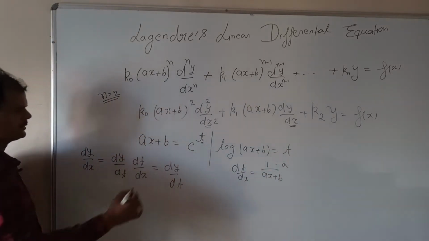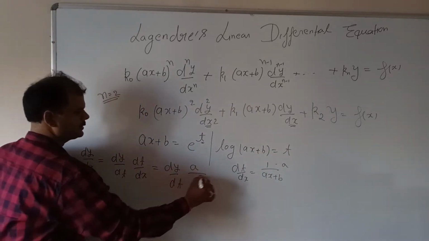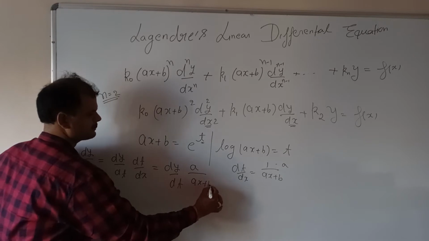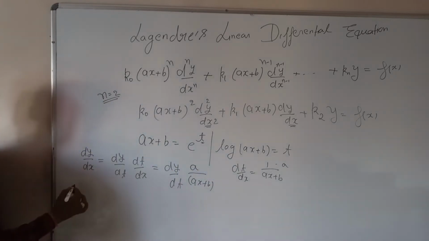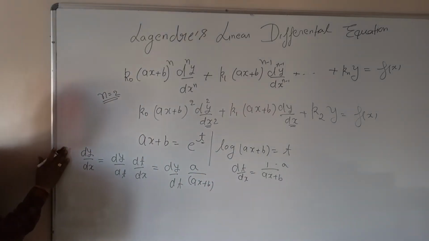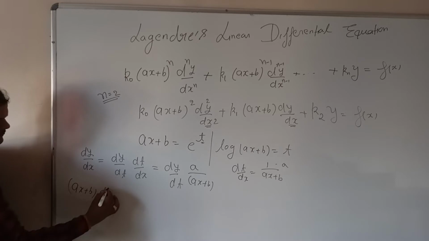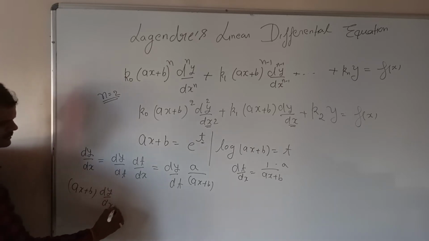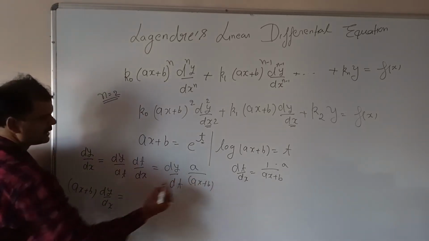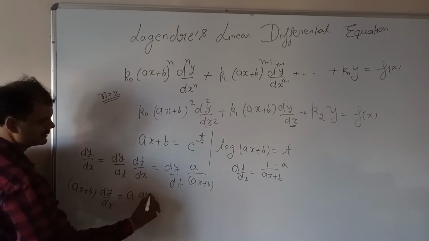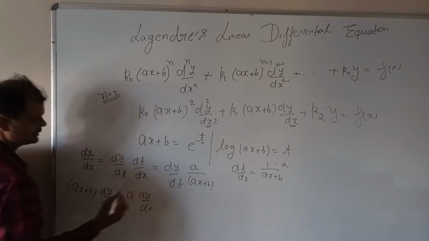Fine. So we have a upon (ax plus b). If I multiply by (ax plus b), the left hand side will be (ax plus b) dy by dx, equal to, this will cancel, we get a dy by dt.